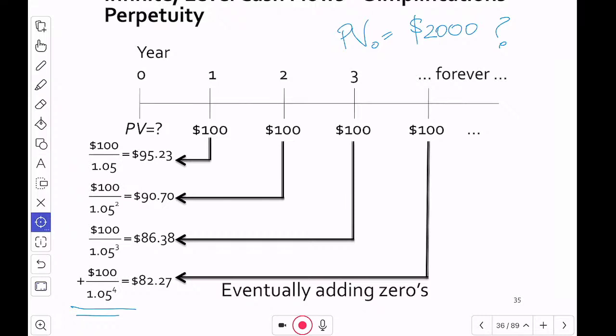But at some point, we'd just be adding zeros. I don't know exactly when that would be, but eventually we're adding zeros, and that happens after we reach a present value of $2,000. So we don't do it this way. We don't use the NPV approach.